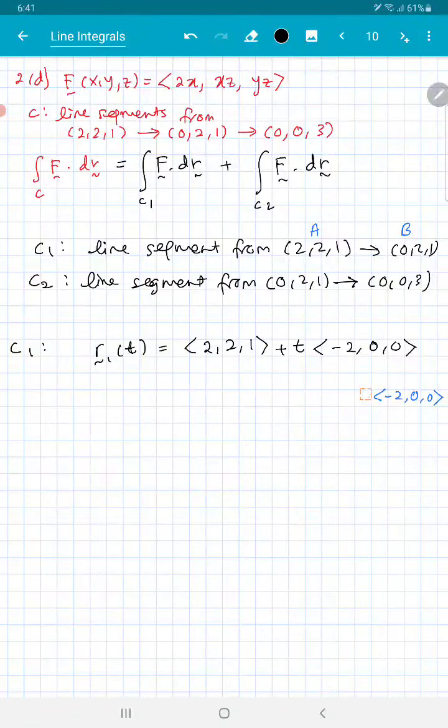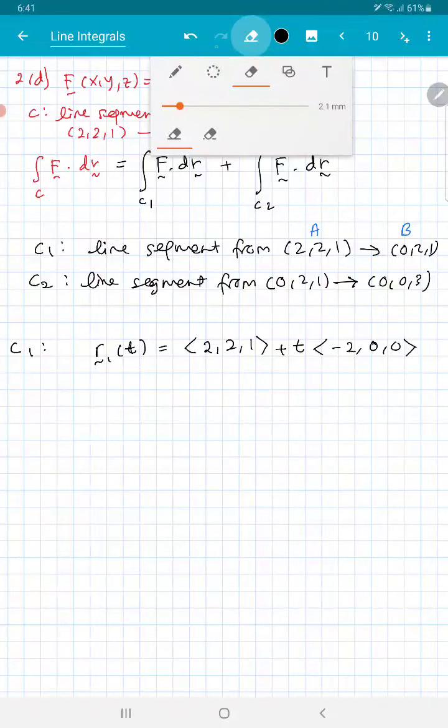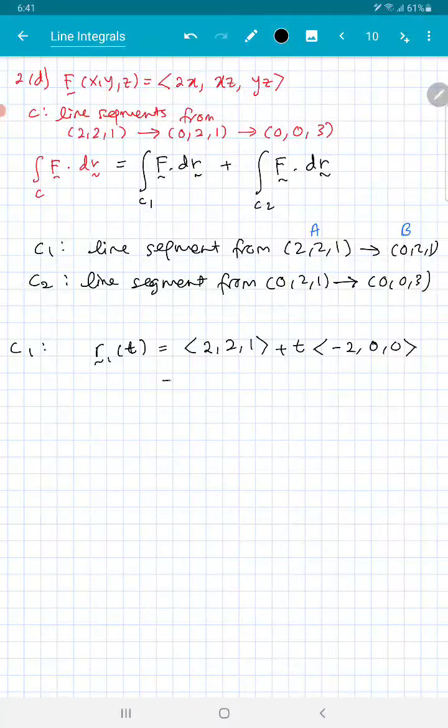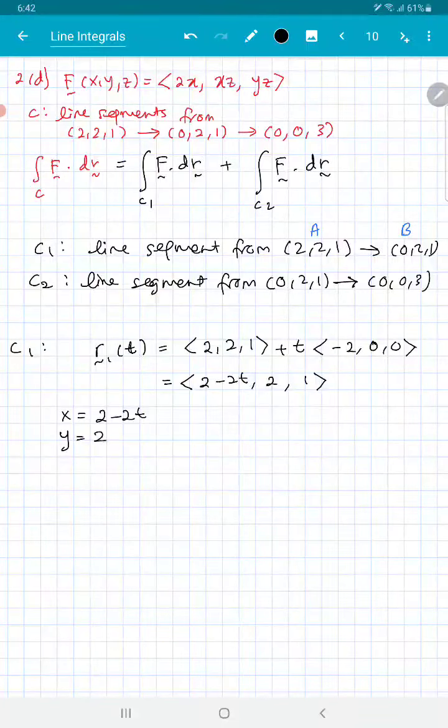The x coordinate would be 2 minus 2t, the y coordinate is 2 plus 0t, and the z coordinate would be 1 plus 0t. Or you can write this using parametric equations: x is 2 minus 2t, y is 2, and z is 1.